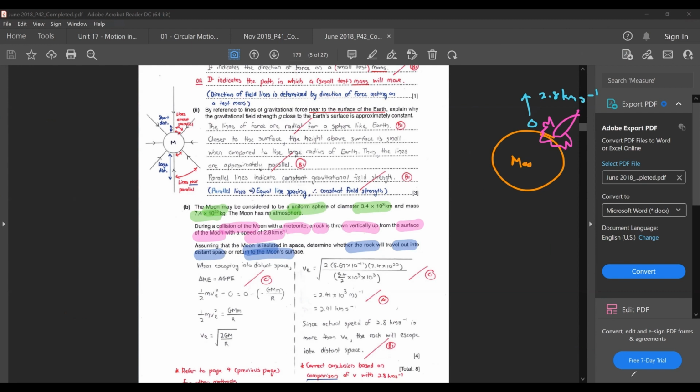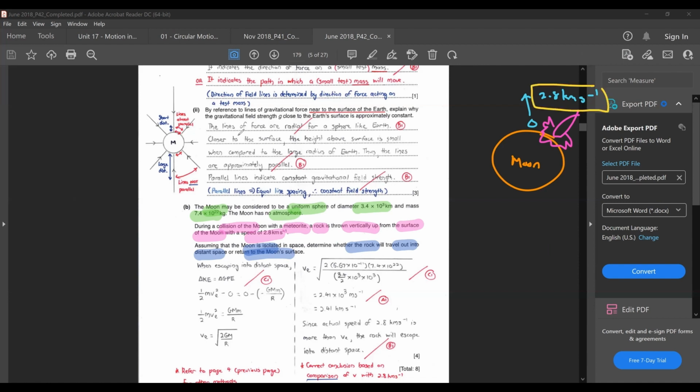So in the last lesson, it was mentioned that for any object to fly away into outer space without going back into the planet itself, you actually need to have a certain minimum speed called escape speed. Okay, so here what you really just want to do is to find out the escape speed and then compare it with the actual speed here.